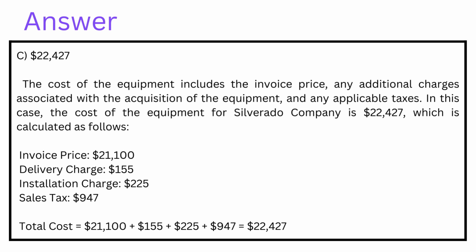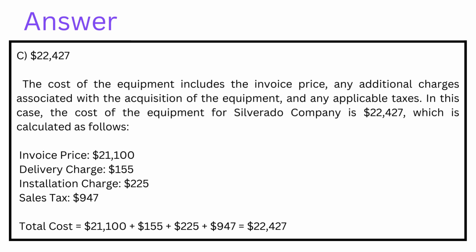The cost of the equipment includes the invoice price and any additional charges associated with the acquisition of the equipment and any applicable taxes. In this case, the cost of the equipment for Silverado Company is $22,427, which is calculated as follows: invoice price $21,100, delivery charge $155, installation charge $225, sales tax $947.